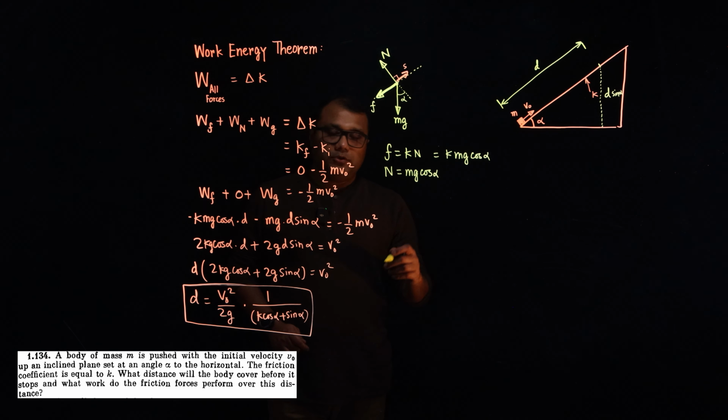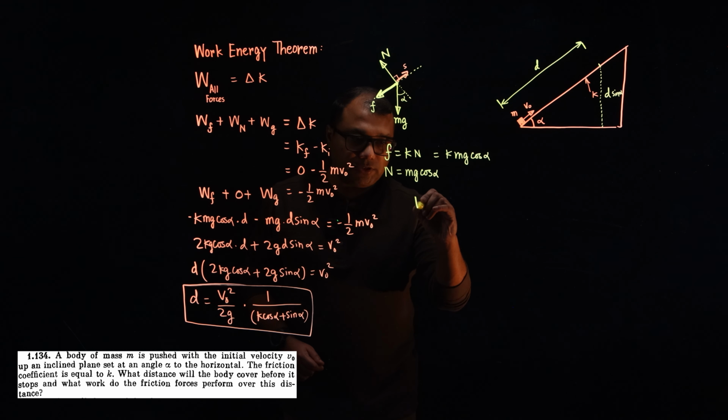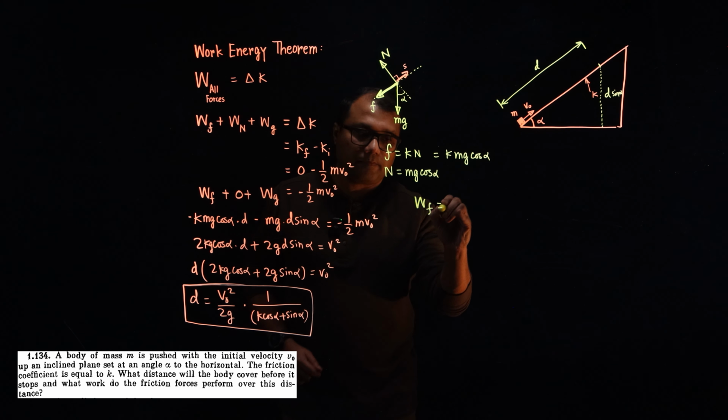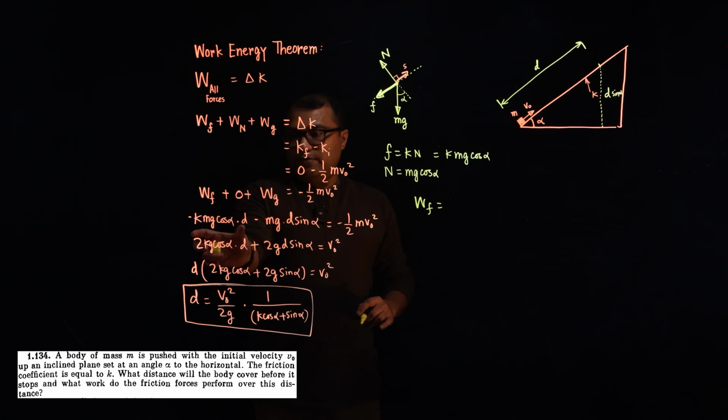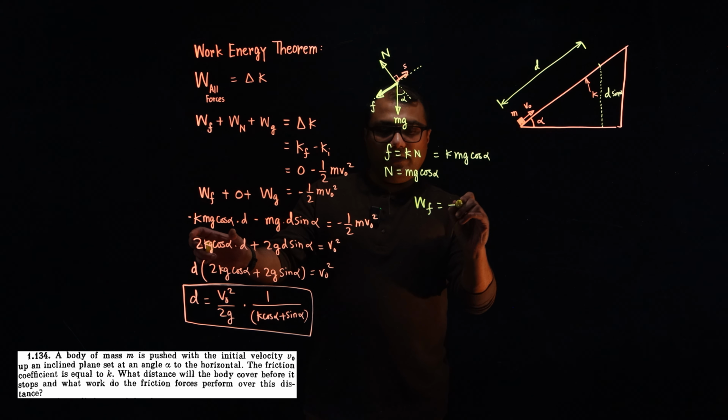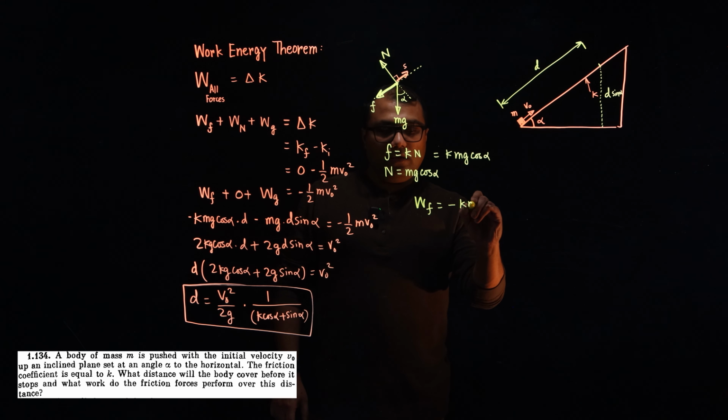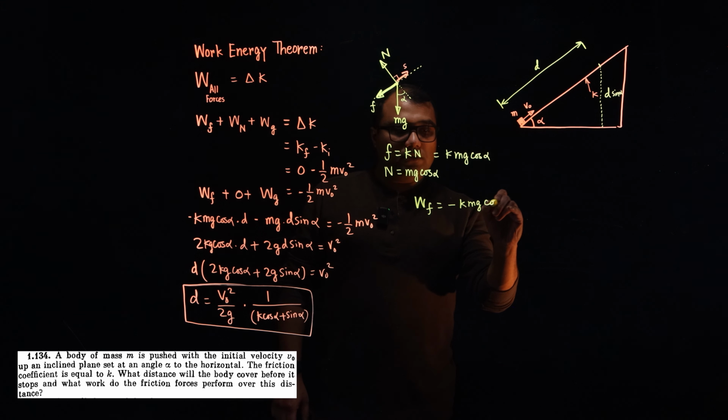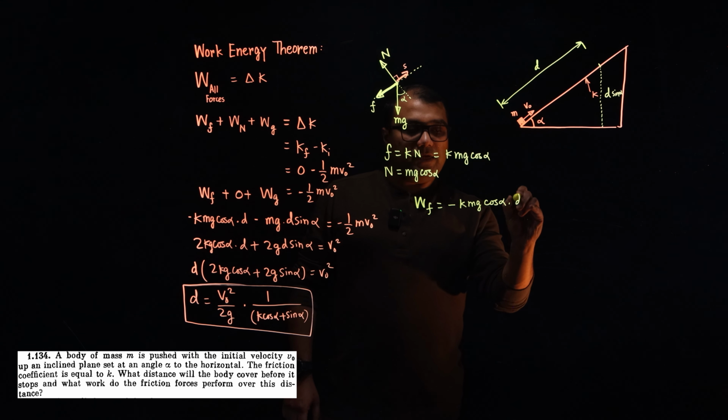Okay, next part of the question is work done by friction. Now work done by friction is minus k mg cos alpha times d.